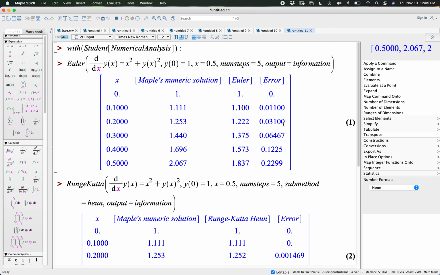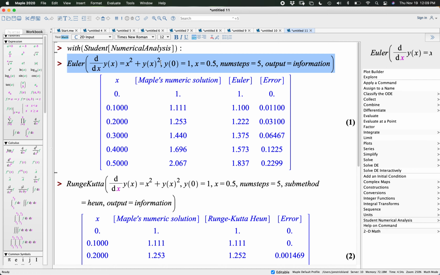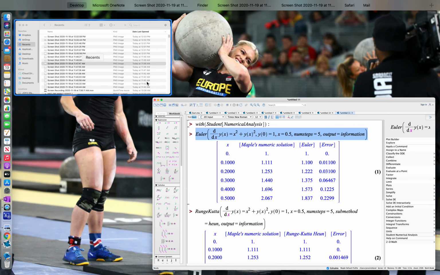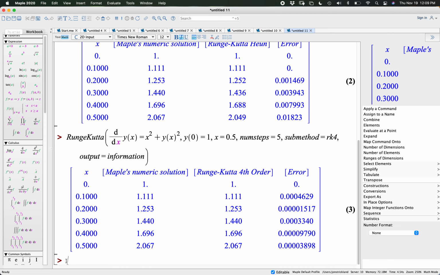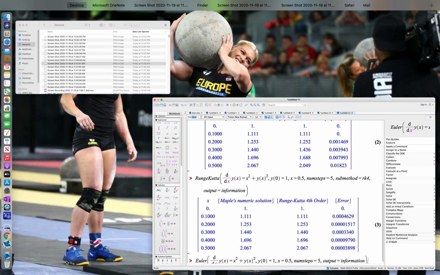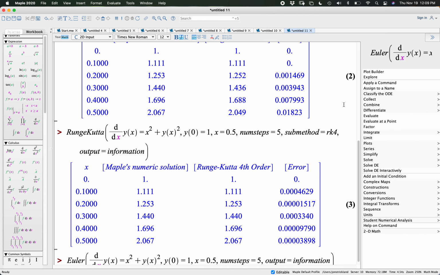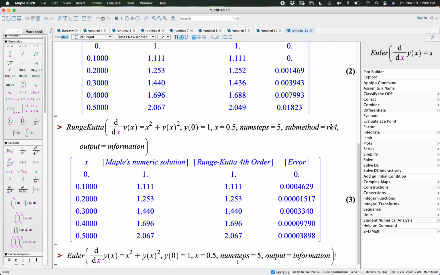Now there could be some situations where some of the inputs can be unstable. Say I were to go back, and I'll keep the step size the same.